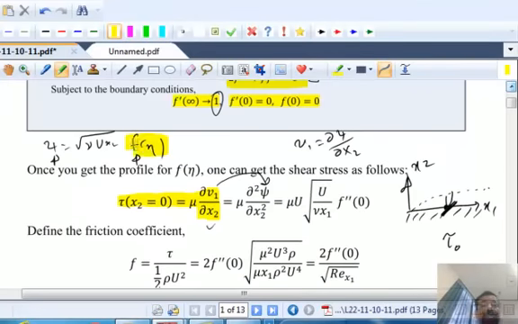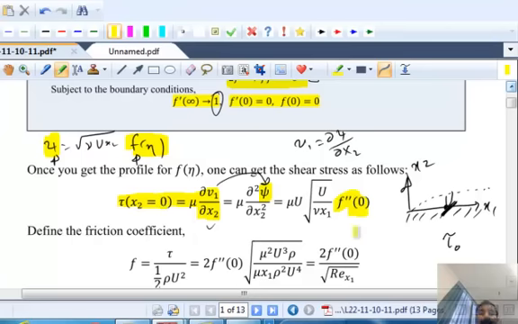So f contains information about psi, f prime contains information about velocity v1, and f double prime contains information about the shear stress, as a function of eta. So what I need to do is use the definition for psi in here and take the partial derivative of the second derivative of that function, and you will get f double prime evaluated at 0, because it is at x2 equal to 0. That turns out to be eta equal to 0.